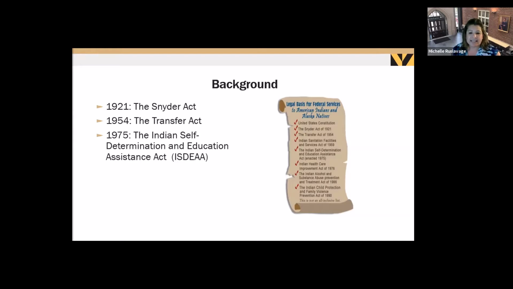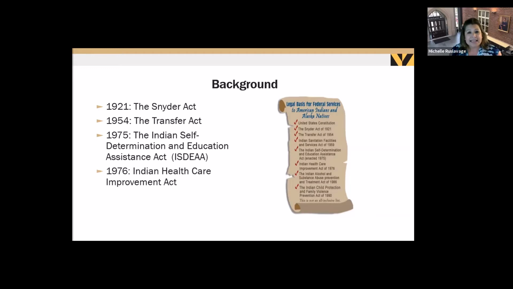In 1976, the Indian Healthcare Improvement Act provided authority for specific directives, programs, and self-determination activities. This one, as we go through the next couple of slides, is important because it also establishes some of the nursing scholarship programs for a lot of the Native American nurses that go through today.